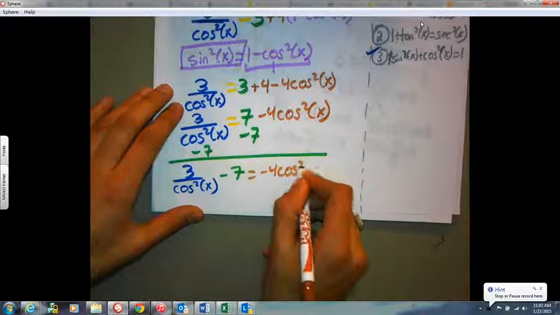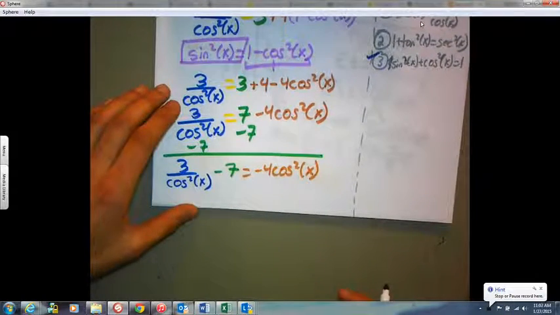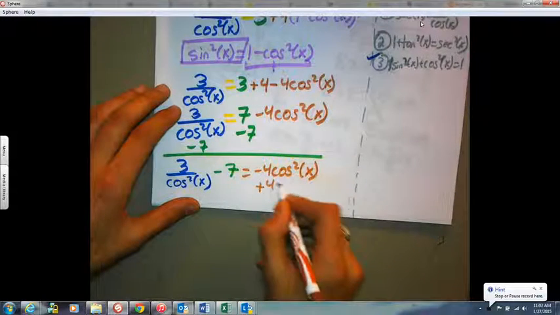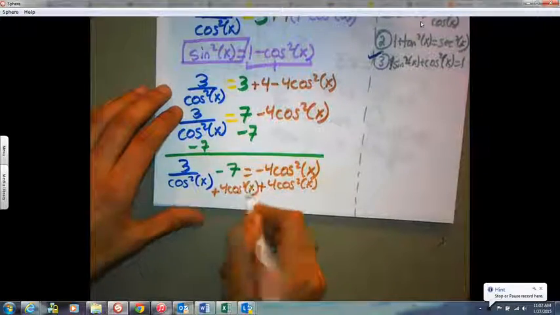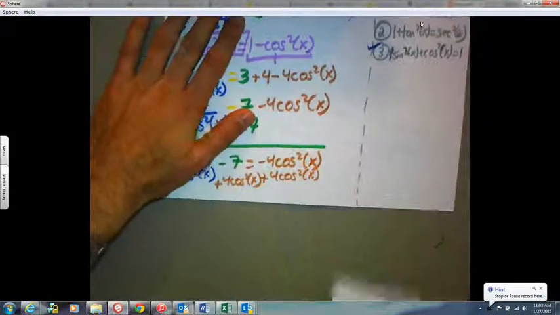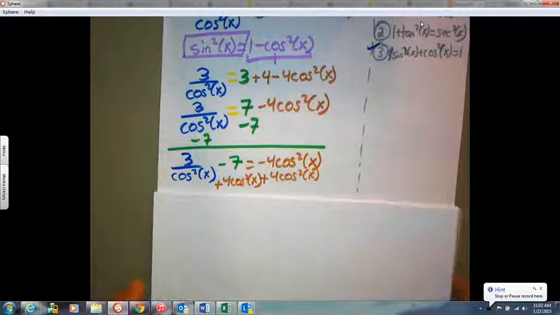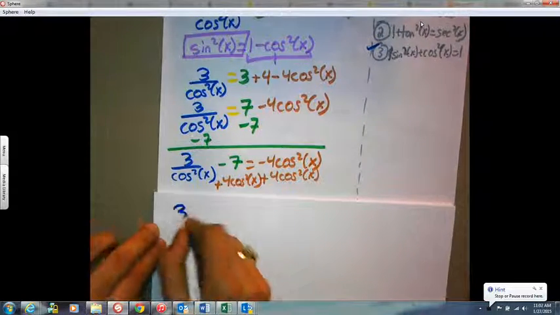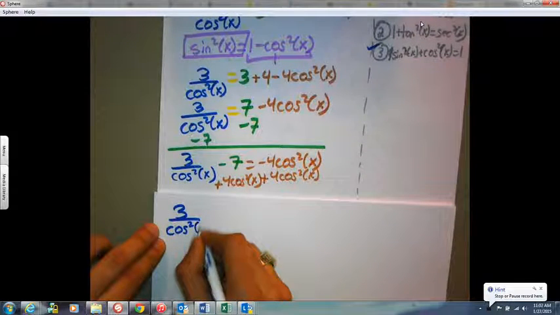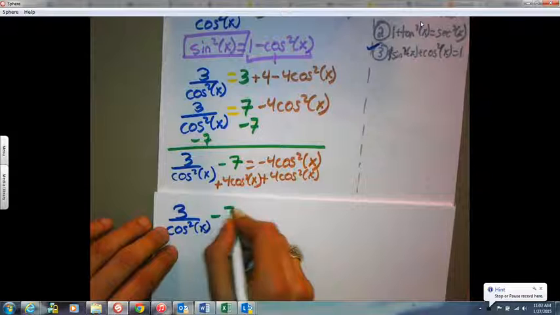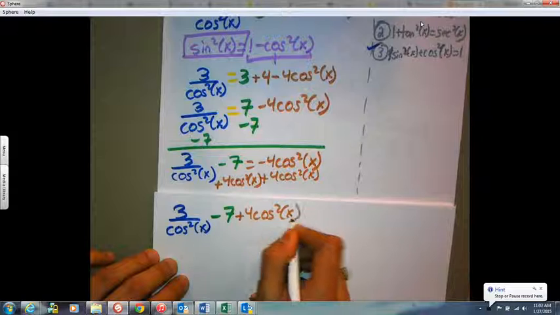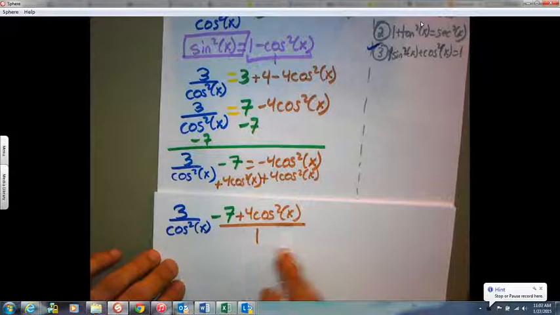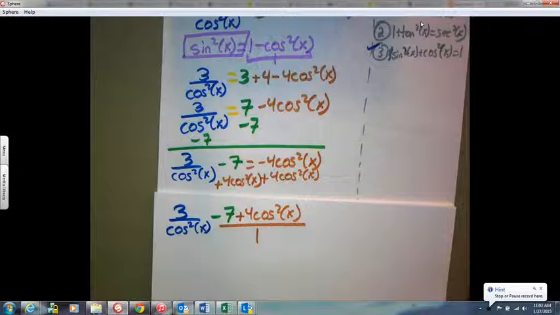Now I'm going to move this over here by adding, where this is of course all over 1. Any number that does not have a denominator has an imaginary denominator of 1. And of course, this equals 0.